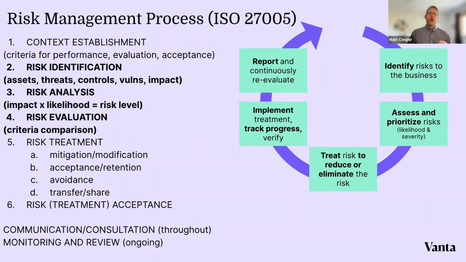Okay. You're also going to establish the criteria for performing a risk assessment. So a common answer here is you're going to do it annually or following a major change. And you're going to establish the context for evaluating and accepting risk. I'm not going to go too into the weeds here on this. You can read it if you read ISO 27005.